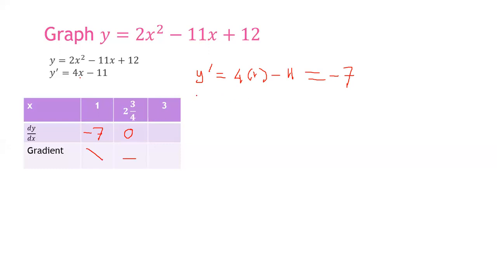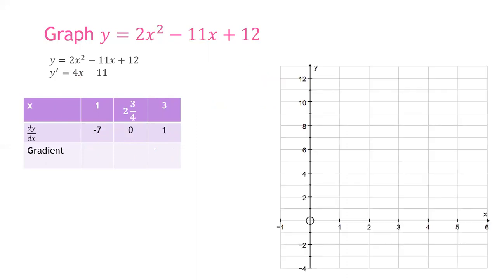If 3, this first derivative becomes 4 times 3 minus 11, which is 12 minus 11, positive 1. If positive, the gradient would be increasing. If negative, it would be decreasing. Like this: negative 7, 0, and 1.